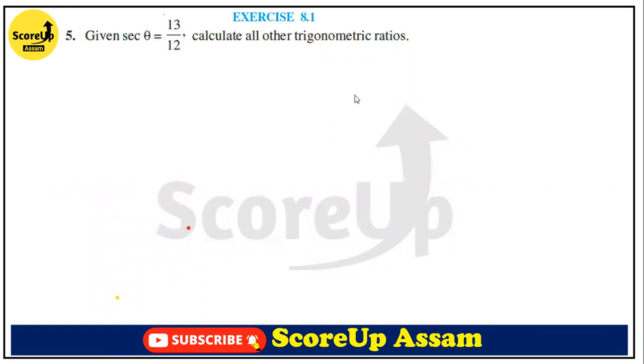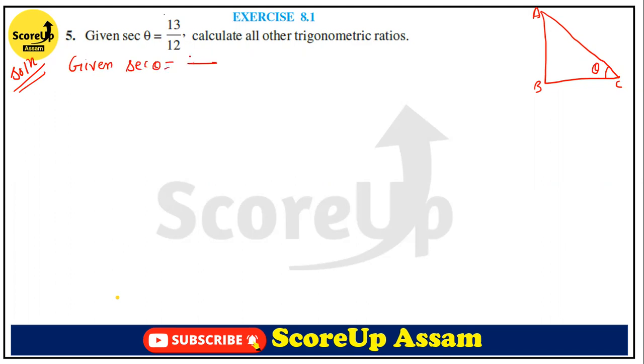Given sec theta is equal to 13 by 12, calculate all other trigonometric ratios. So it is very easy. We have to draw again a triangle. You write A, B, C, no problem. And say this is our theta. So solution of this: given sec theta is equal to 13 by 12.